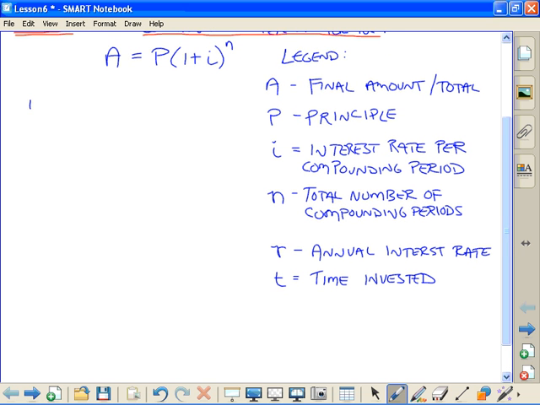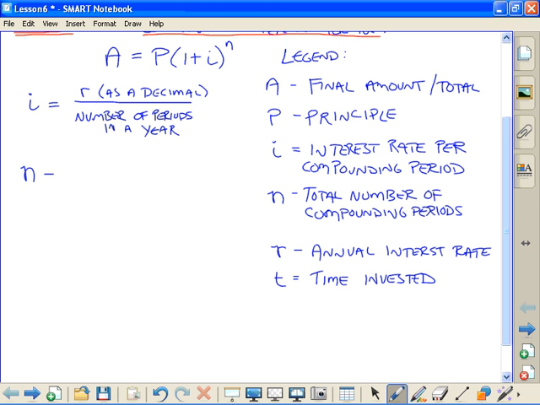Well, I, your interest rate per compounding period, is equal to your annual interest rate R, as a decimal, divided by the number of periods in a year. So that's your formula for I.